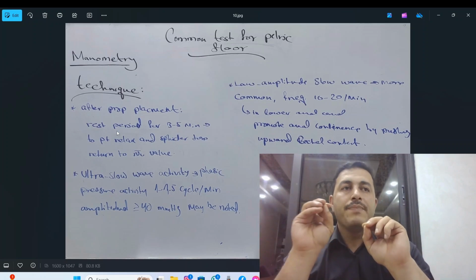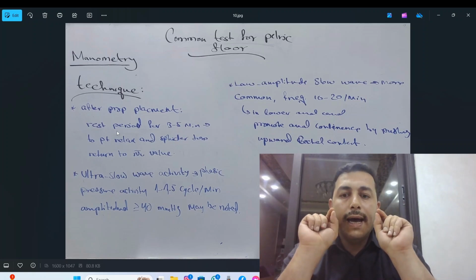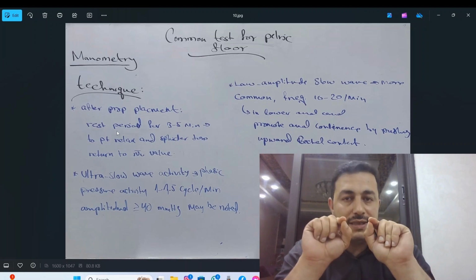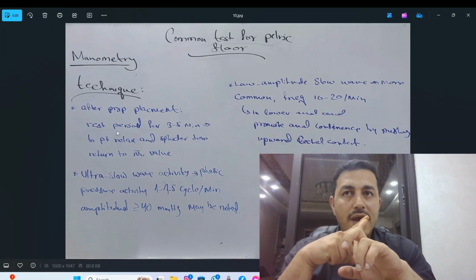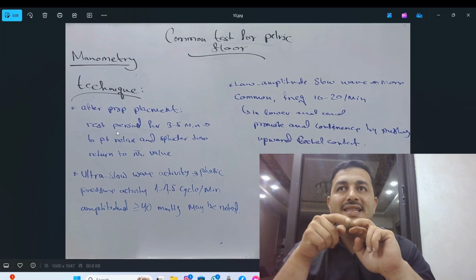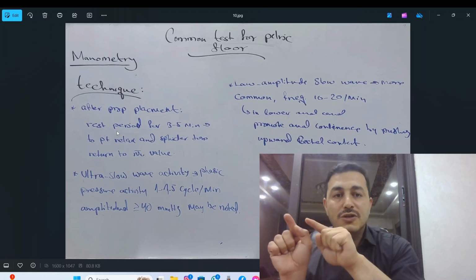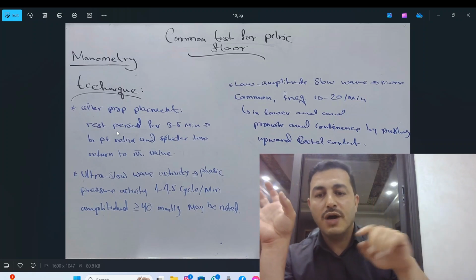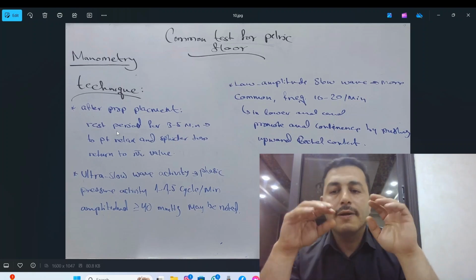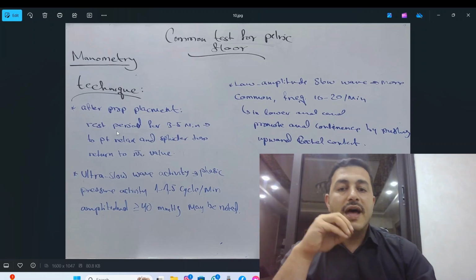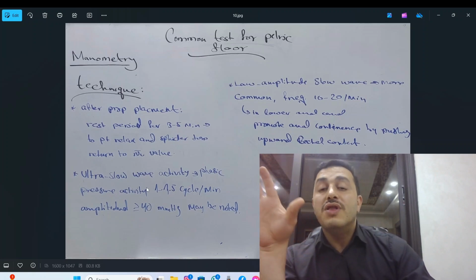When we insert the sensors tube, we may detect two wave activities. The first one is the ultra slow wave, the second one is the slow low amplitude wave. The ultra slow wave has high amplitude, the slow wave has low amplitude. The ultra slow wave can be a normal variant, rarely associated with other disease.